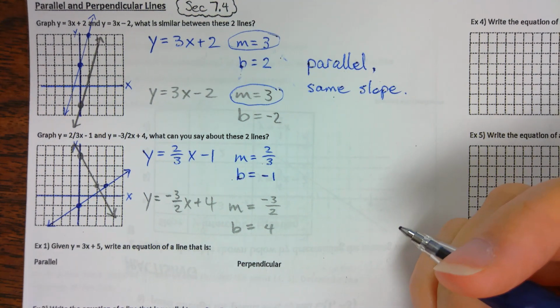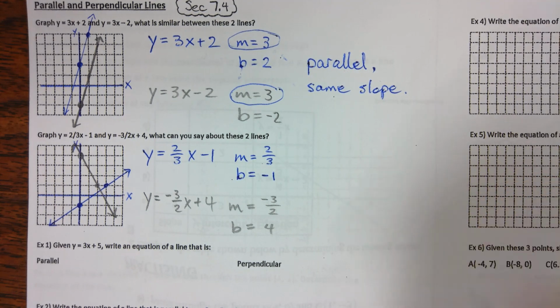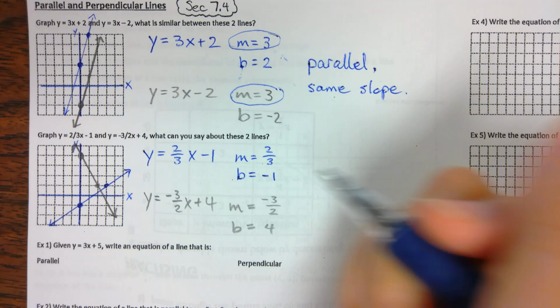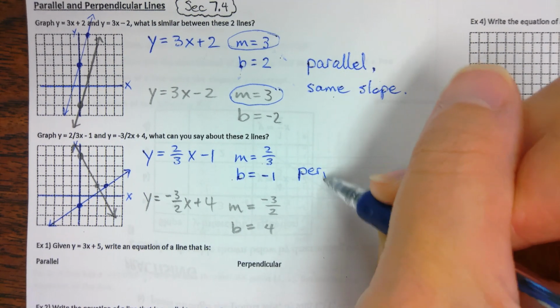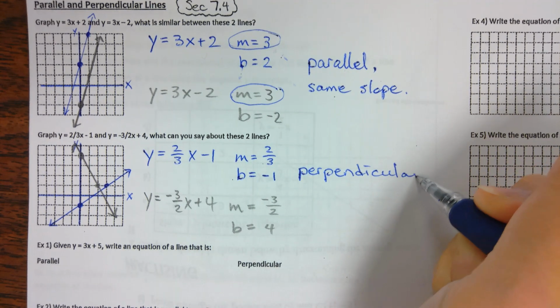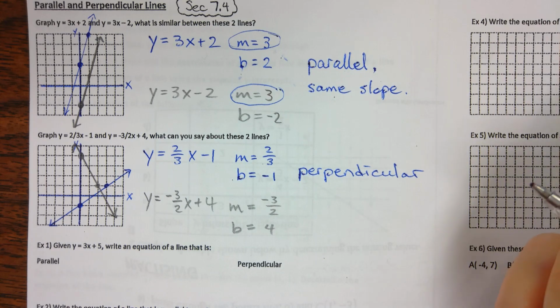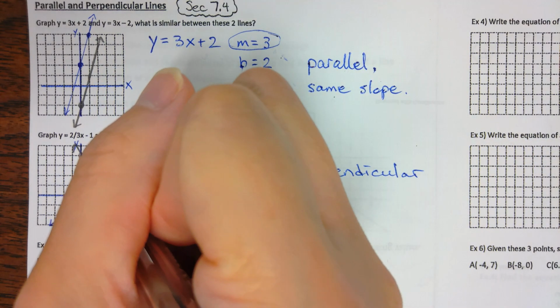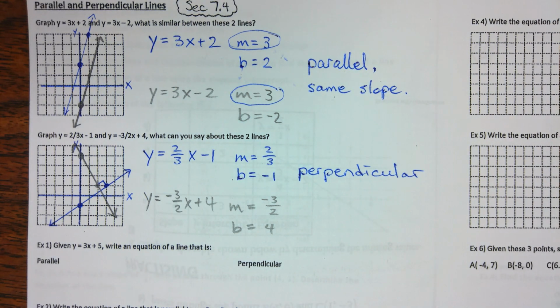Okay, looking at these two graphs, what does it look like? Perpendicular. What's another word for perpendicular? What's another way of describing it? Yep. They meet at 90 degrees. So in a graph, I can draw this 90 degree symbol, that square, to show that they are 90 degrees.